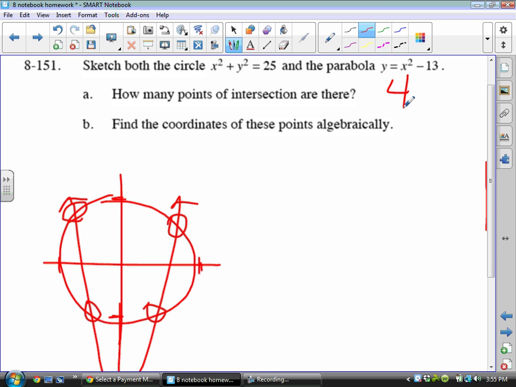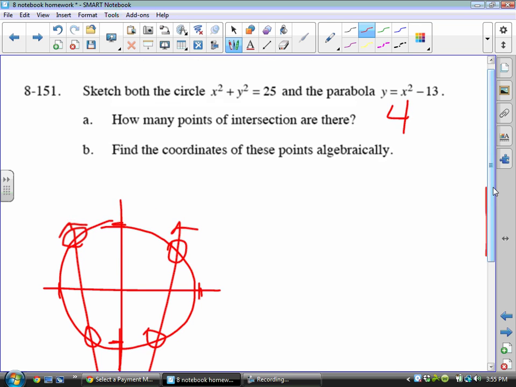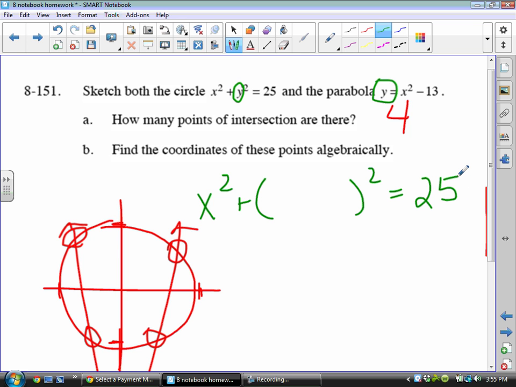I have two equations and I want to know when they are going to be the same. That's what the intersection is. So I'm going to solve algebraically. I know y equals this stuff, and I have a y in the other equation, so I'm going to do substitution and replace that. So x squared plus this quantity squared equals 25. The quantity for y is x squared minus 13.